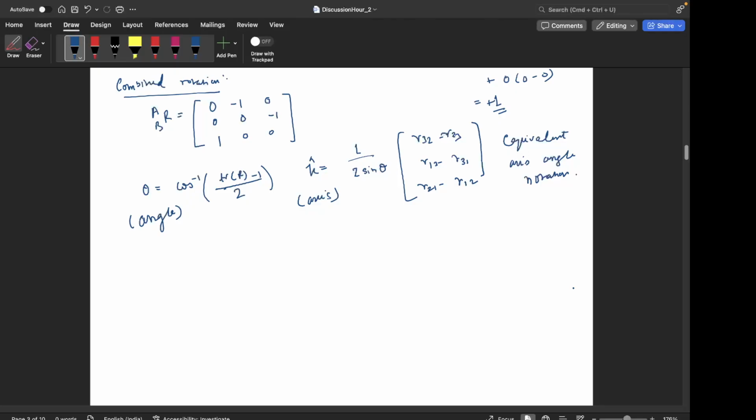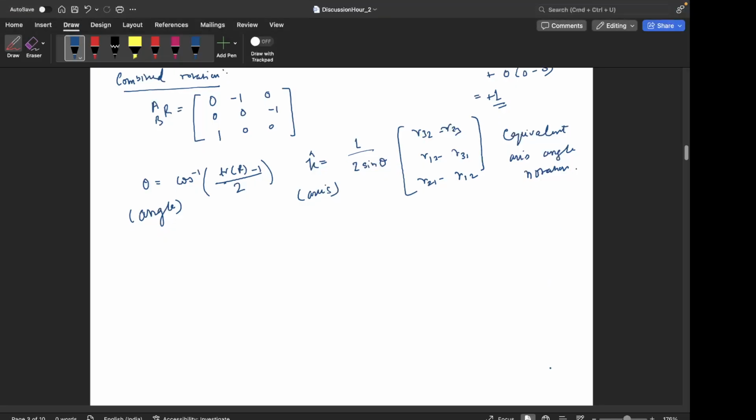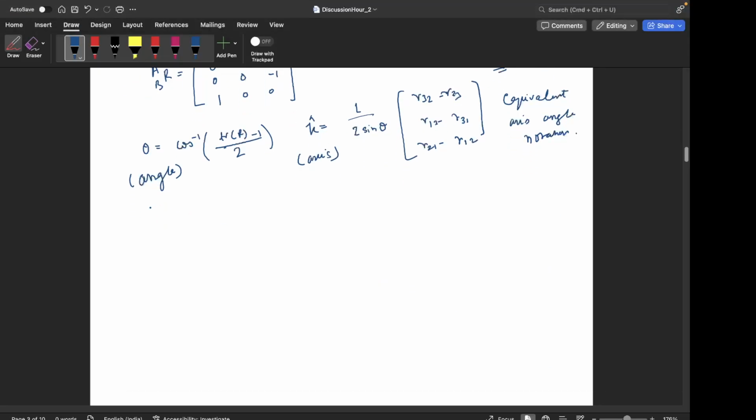So k is the axis about which that single rotation has to take place, and theta is the angle value. Now let's calculate theta and k for this case.